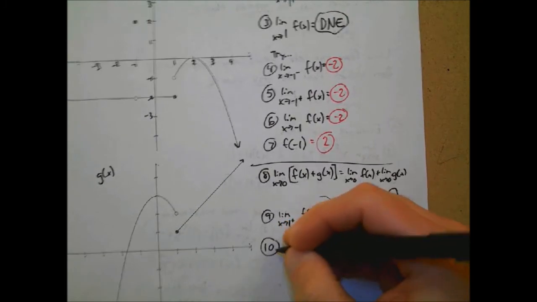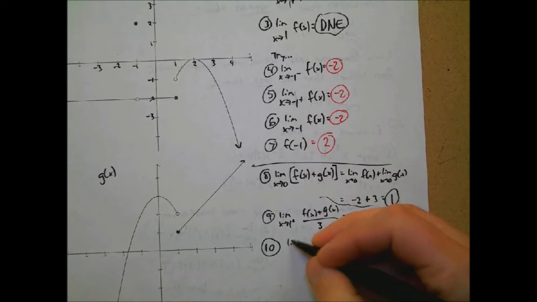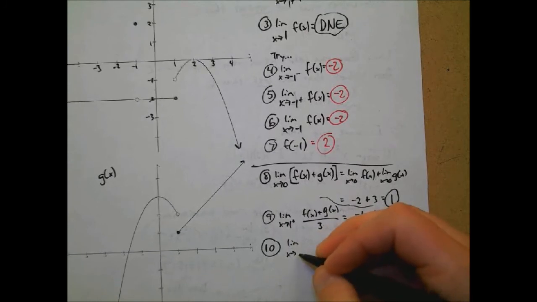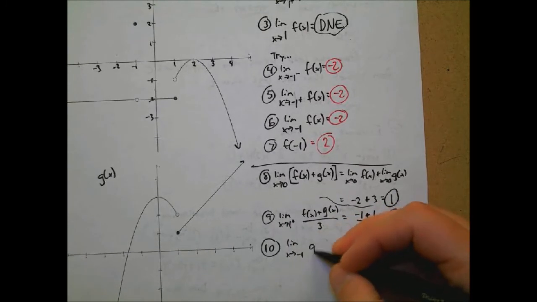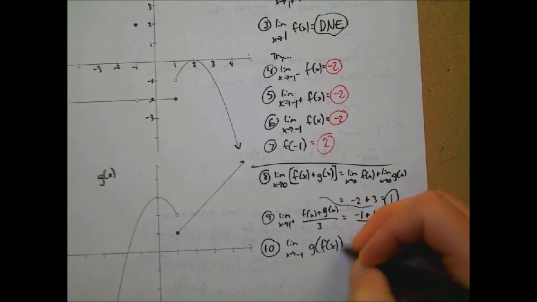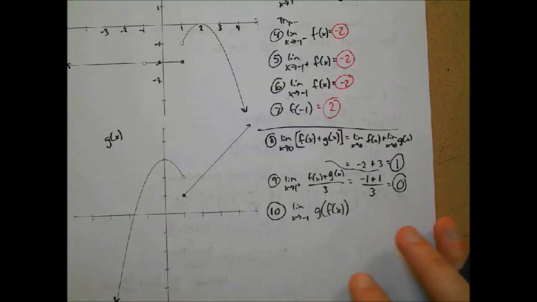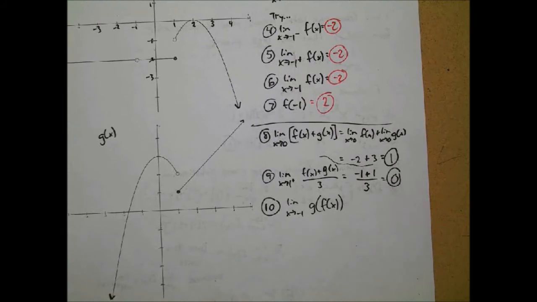Last one here. Limit as x approaches -1 of g of f of x. Here again, we'll just evaluate it piece by piece.